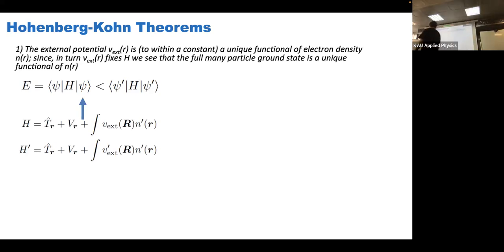I just take this Hamiltonian. It's the kinetic energy plus some potential energy like the Hartree energy, plus V external times n(r).